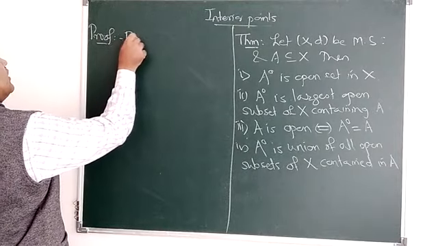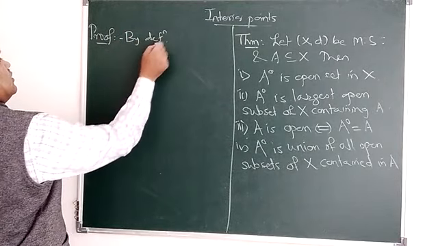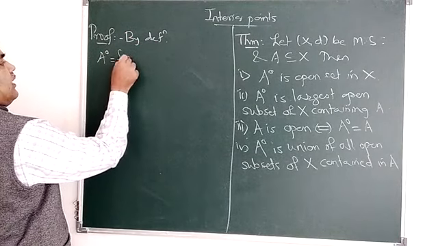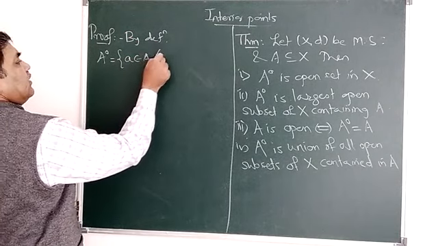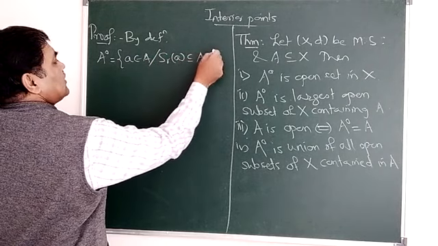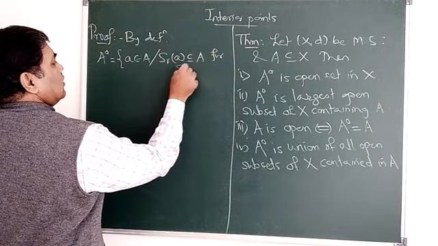So by definition, what is A interior? A interior is the set of a belongs to A such that S_r(a) is contained in A for some r greater than 0.